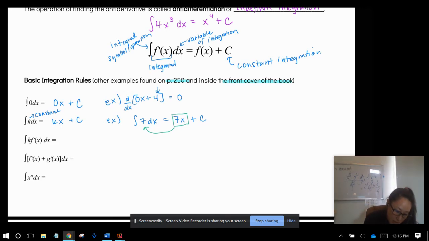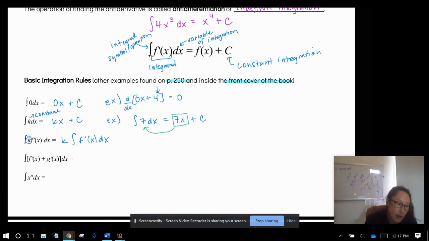Okay. And next up, I have k times f prime of x. Anytime you have a constant, you can move it out as a scalar out to the front of the integral, times the f prime of x dx.